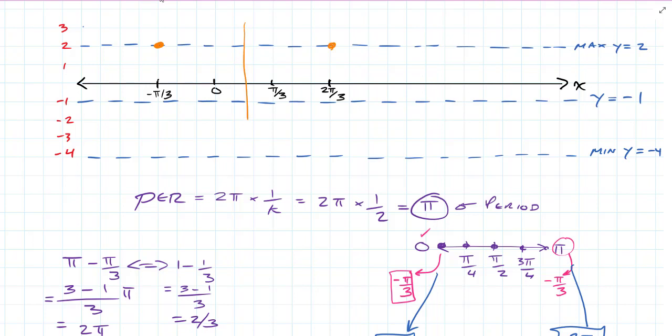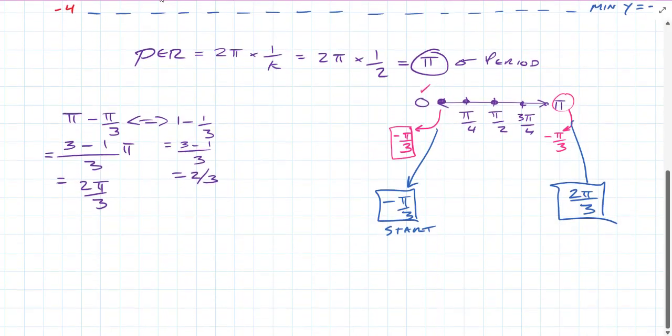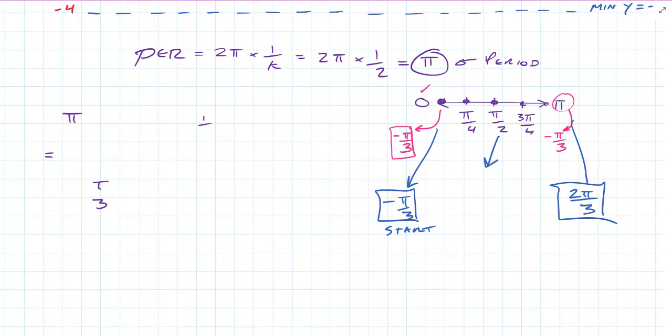I've picked the trickiest one we could do. So pi over 2 minus that initial value. We just need a common denominator: 3 minus 2, over 6, which is just pi over 6. So that's where my middle is going to be, right here. That's where cos is going to hit the bottom.